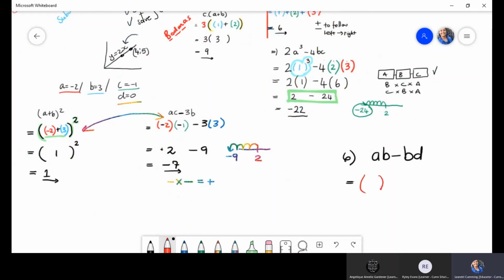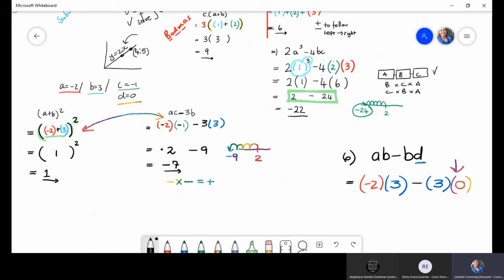Let me put it in a nice little bracket. B, which is 3. Work neatly so that you can see what you're doing. There's another B. Make sure you keep the signs of the original variables, and D for dad is replaced with a 0 now.